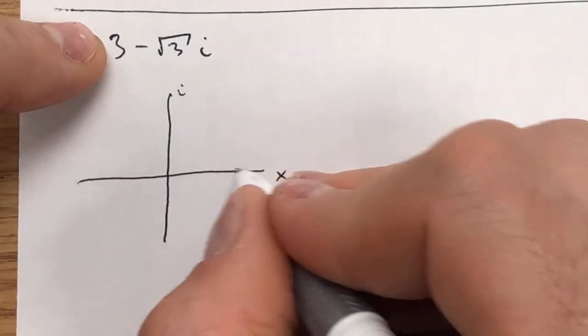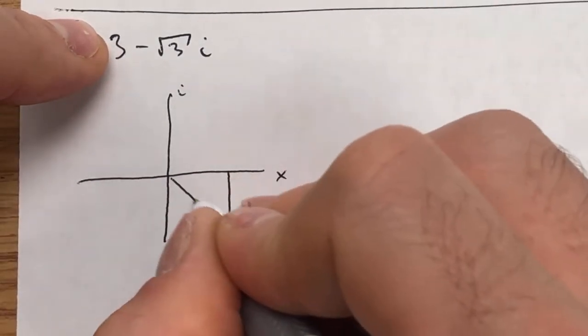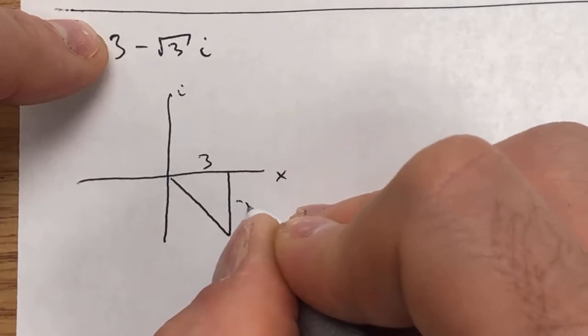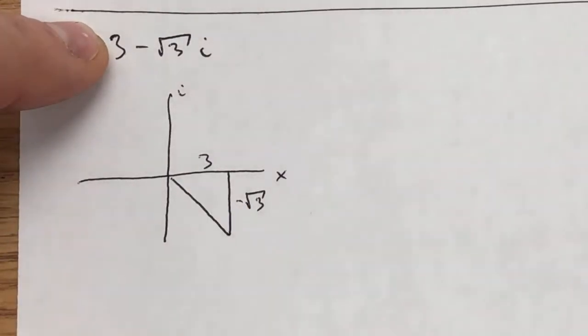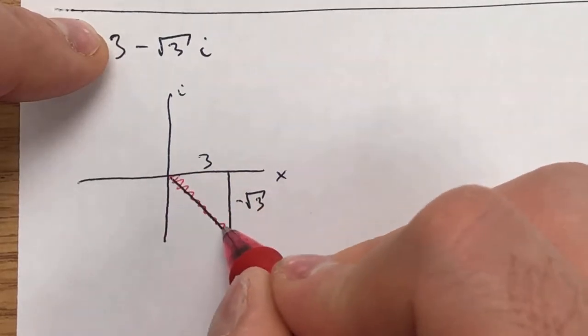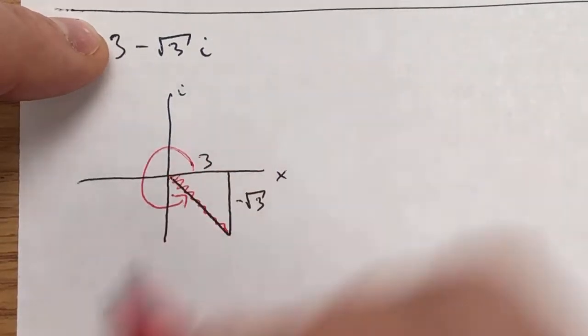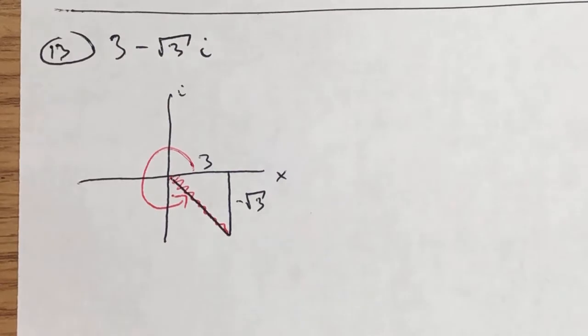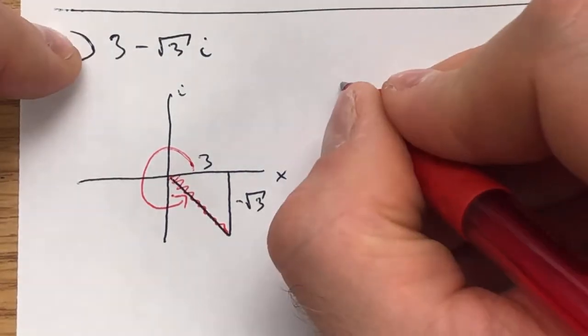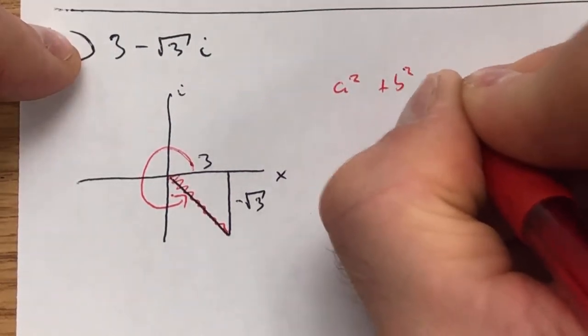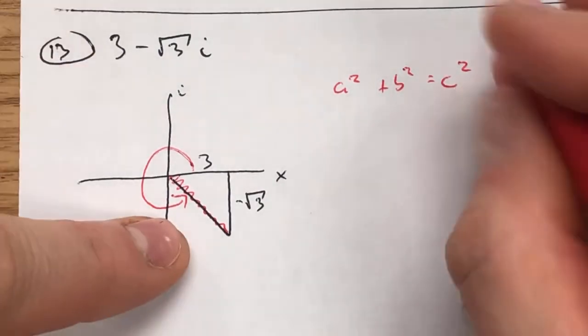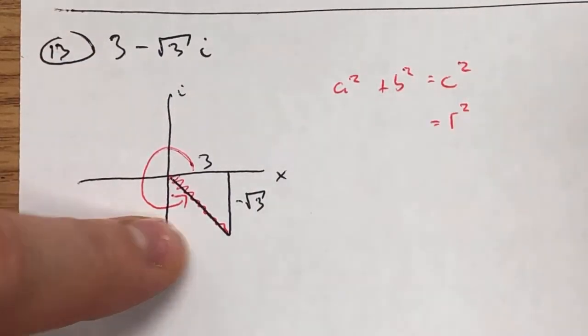I'm dealing with 3 and then negative root 3, so I have 3 and negative root 3 right here. So two things: I want to figure out what this modulus is, and I want to figure out what degree of rotation produces that. So a squared plus b squared equals c squared, which again we said is denoted by an r for the modulus.